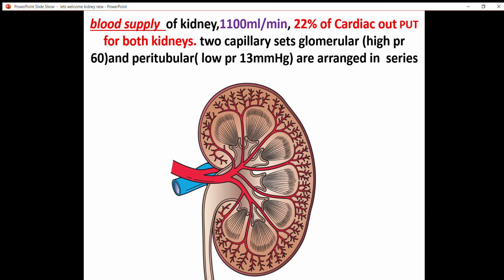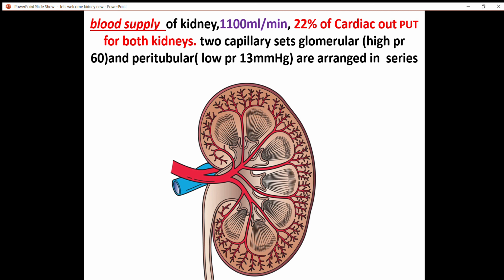Here you can see the blood supply of the kidney. This is a rough idea that the kidney is receiving approximately above 1 liter per minute, 1100 ml per minute. This is approximately 21 or 22% of the cardiac output, which is received by both kidneys. And kidneys are unique in their function in that they have two capillary sets. In the hypophysis-hypothalamic axis, you also have two capillary sets.